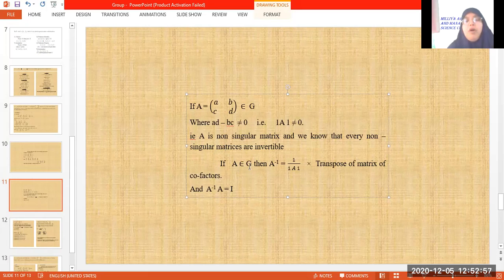If A belongs to G, we have to find the inverse. If A belongs to G, then inverse of A is equal to 1 upon determinant of A into transpose of matrix of cofactors. And we know that inverse of A into A is equal to identity matrix I.